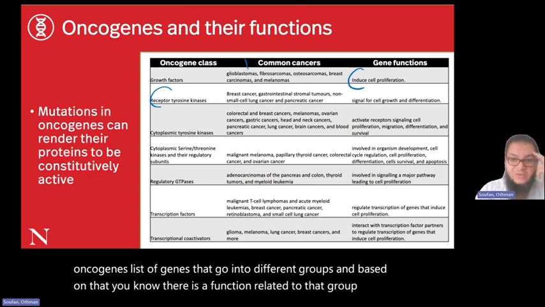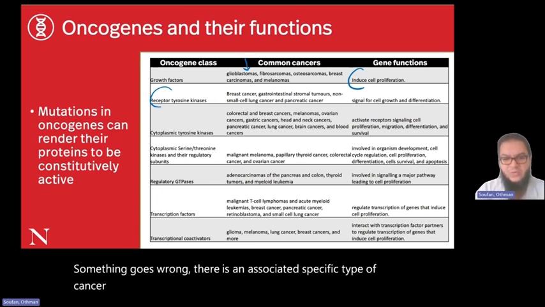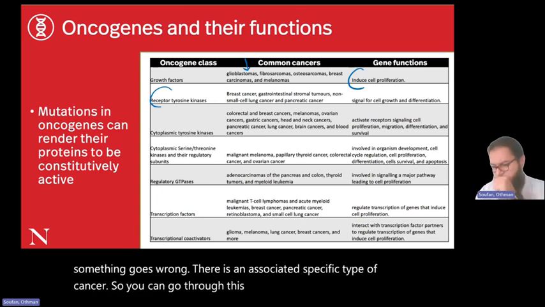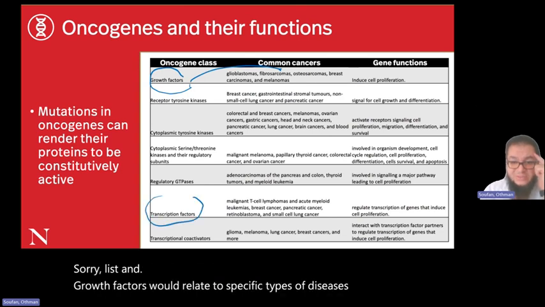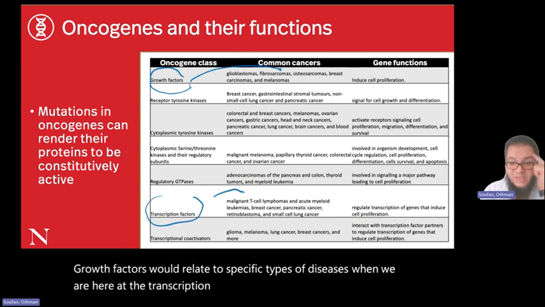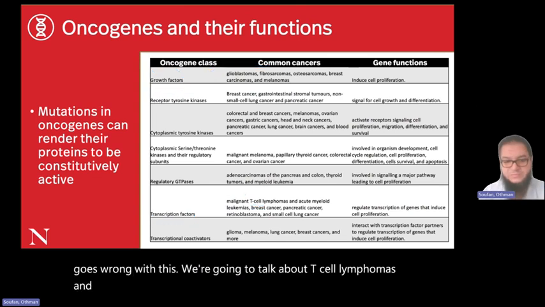When something goes wrong, there is an associated specific type of cancer. You can go through this list and see how growth factors relate to specific types of diseases. We are here at the transcription factor related oncogenes. When something goes wrong with these, we're going to talk about T-cell lymphomas and so on.